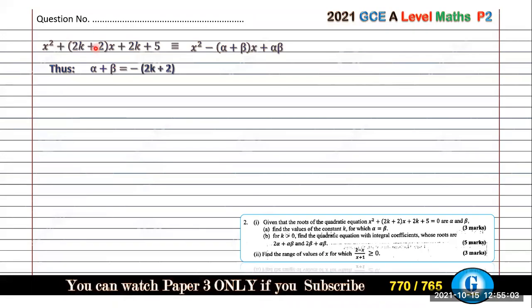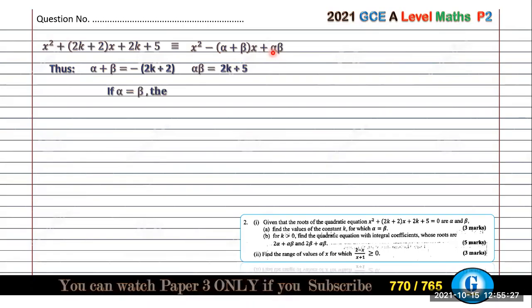Can you see? So we equate the coefficients of x on both sides. You see that alpha plus beta is equal to minus into (2k plus 2), right? Then this 2k plus 5, which is a constant on the left-hand side, the corresponding constant on the right-hand side is alpha beta. So our alpha beta is 2k plus 5.